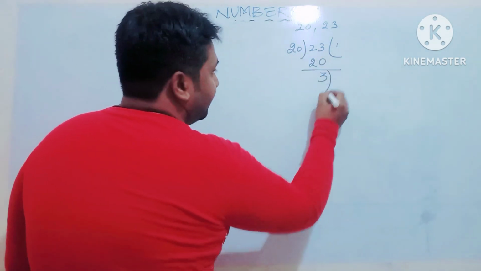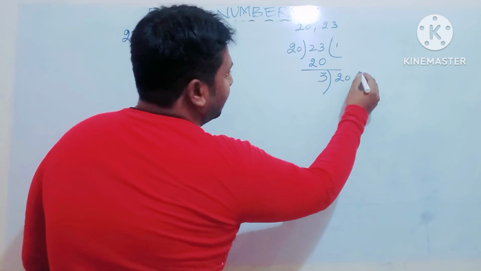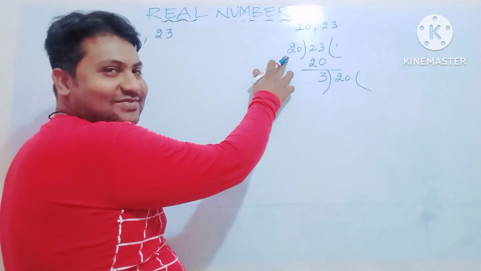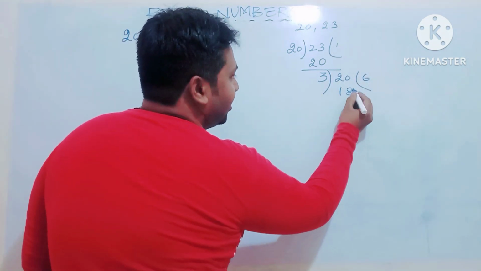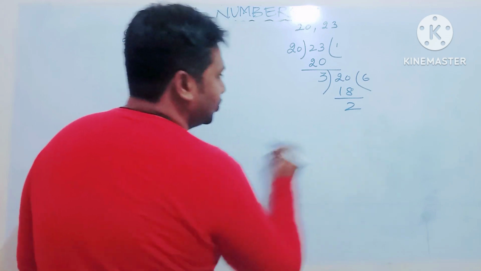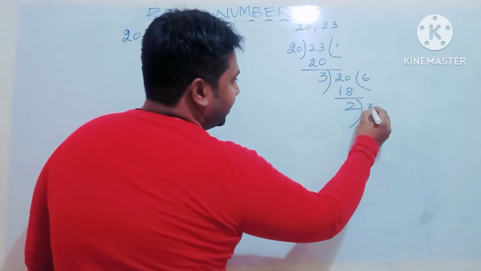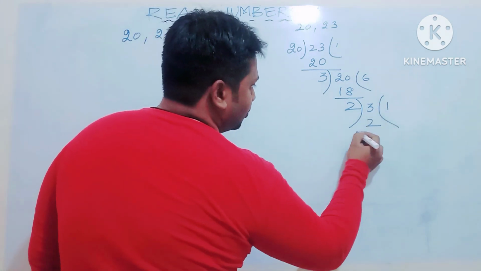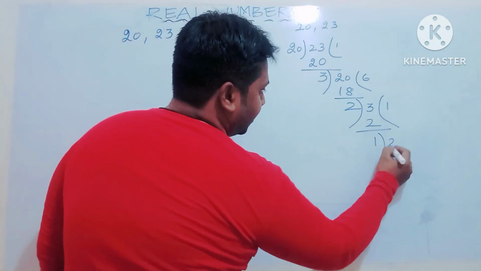Then this divisor will become dividend and the remainder will become divisor. So 3 6s are 18 and the remainder is 2. Then again 3 comes here, then 2 ones are 2 and the remainder is 1, and this 2 comes here.